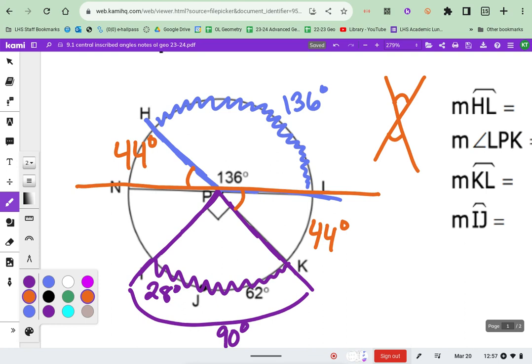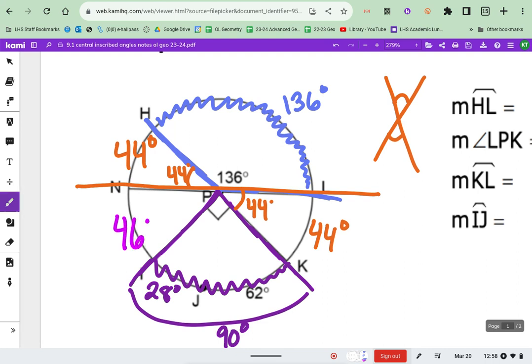LPK, yes, good. Yes, because the central angle is always the same as the arc measure. Awesome. Which then, since we only have one other missing piece in the semicircle, now I can say, well, 44 plus this 90 plus the missing piece should equal 180, because it's a semicircle, right? So thank you. So 46.